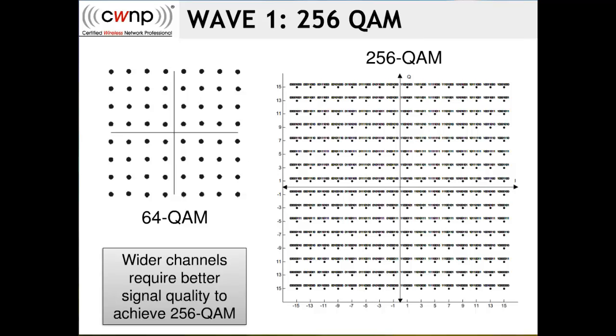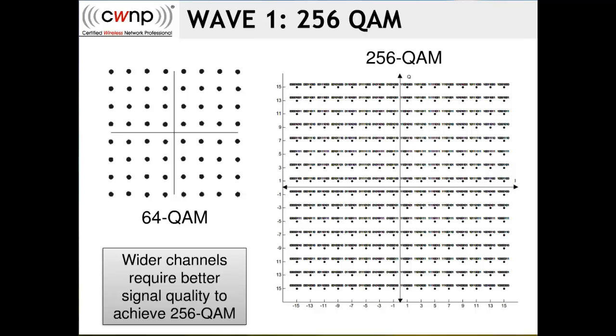And when we talk about QAM, we're talking about a modulation type, and we have different levels of QAM that are implemented already in 802.11n up to 64 QAM, and that's what we see here on the left. This is what's called a constellation, and it just helps us represent where the phase shifts and the amplitude shifts and so forth are that end up implementing this modulation scheme.